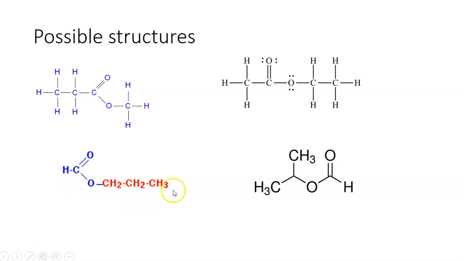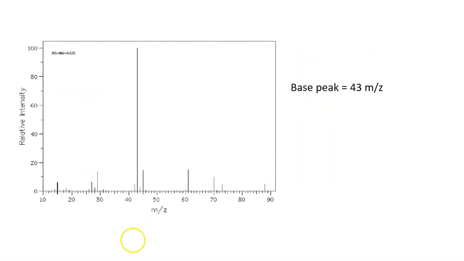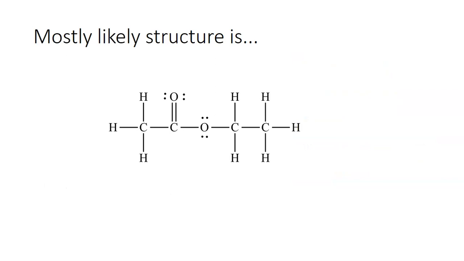So really, if it was this option on the bottom left, I would expect to see strong peaks at 29 and 59 in my mass spectrum. Now I do have a peak at 29 here, but there's nothing at all, not even the hint of a peak at 59. So my personal take on this is that it is unlikely to be propyl methanoate. So the most likely option is ethyl ethanoate.